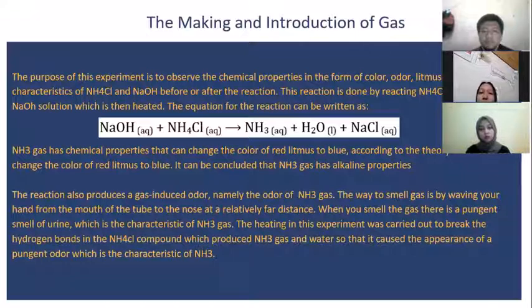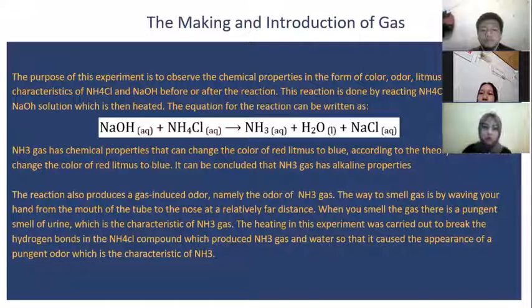Ammonia gas has chemical properties that can change the color of red litmus to blue. According to the theory that a base can change the color of red litmus to blue, it can be concluded that ammonia gas has alkaline properties. The reaction also produces a gas-induced odor, namely the odor of ammonia gas. The way to smell the gas is by waving your hand, or hand panning, from the mouth of the tube to the nose at a relatively far distance.